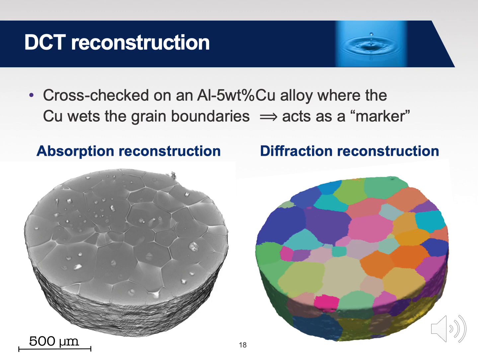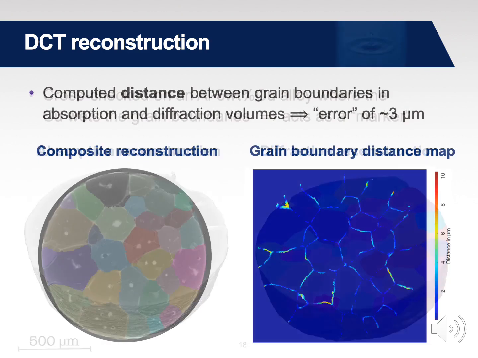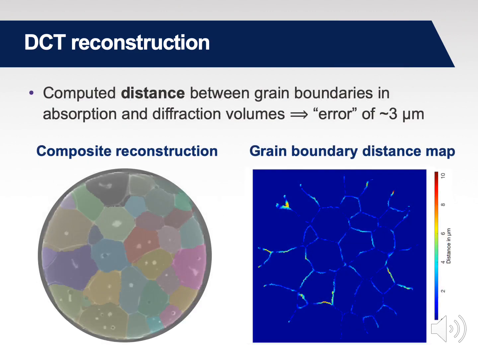So that is to say that the copper constituent acts as a marker or a contrast agent. So if we were to superimpose the absorption and diffraction-based reconstructions, we get this composite map where, again, you can see the copper sits on these grain boundaries.